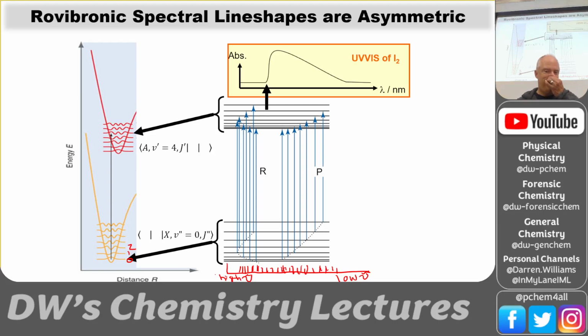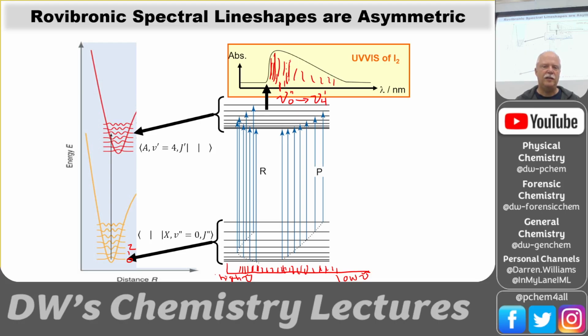So if we were to plot this out at wavelength, we would see underneath all of this, we might have the center of the vibrational difference. So this would be nu 0 to nu 4. And then under here are the R branches, and the R branches go up like that, and then they tail down to long wavelengths.